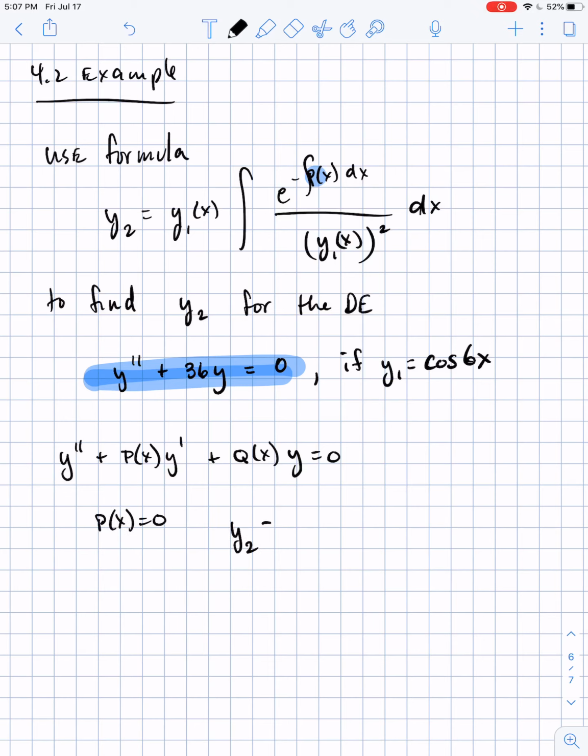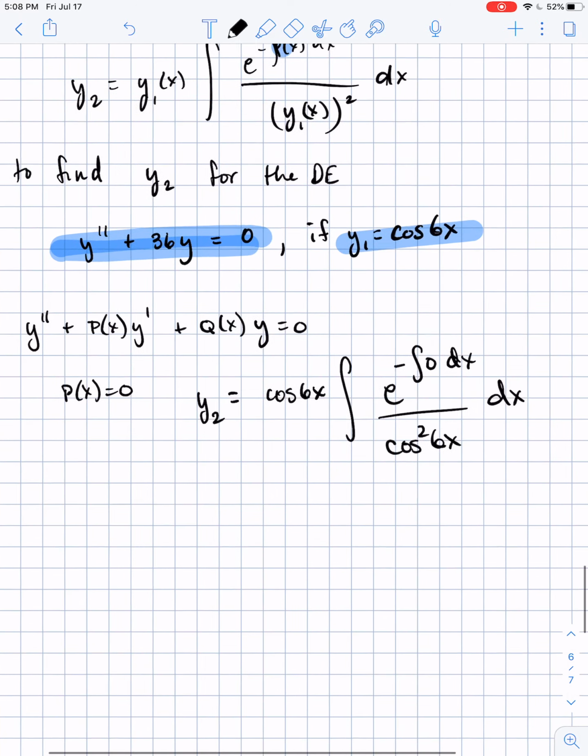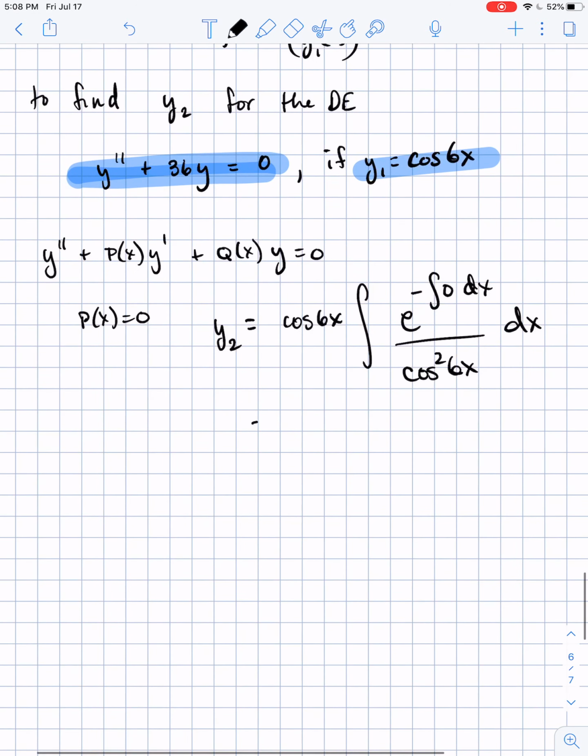So now when I'm looking for y2, right, y1, I'm just taking this value here, which is cosine 6x, and I have my integral e to the negative 0 dx over cosine squared 6x dx, okay? And now that's pretty straightforward because here you'll have this cosine 6x, right?